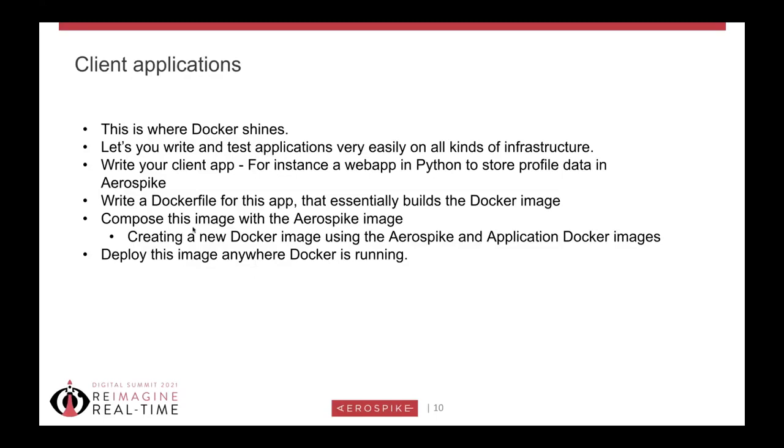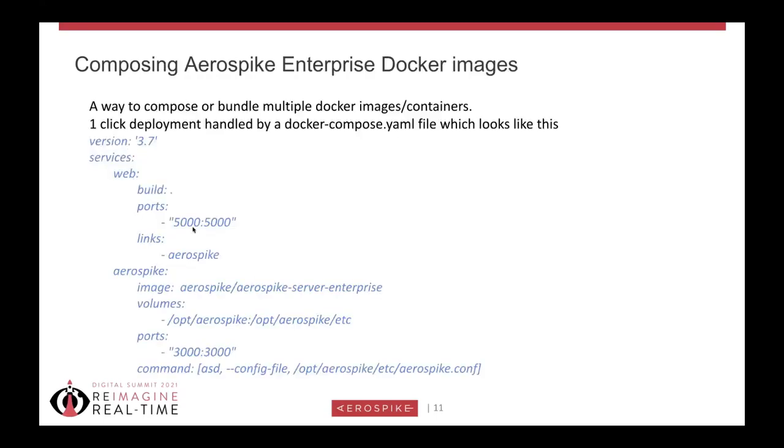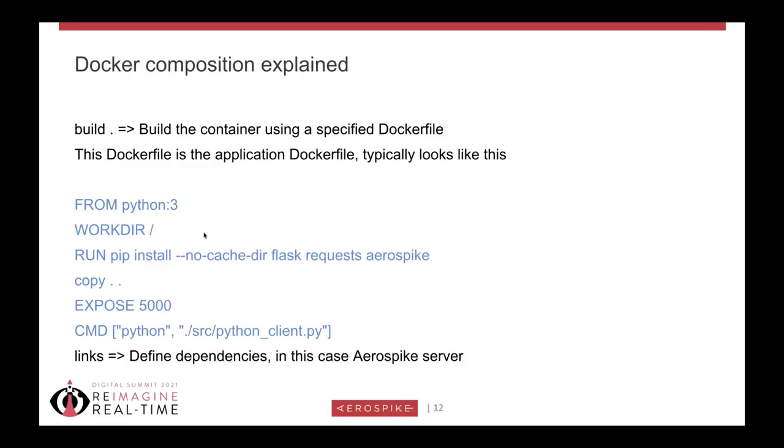So what we're going to do is, we'll show you how to do this. First, you build a base image for your client. This is a base image that I'm going to build. I'm going to use Python 3 as my rock bottom layer because my application runs on Python. I'm going to install all the Python dependencies.